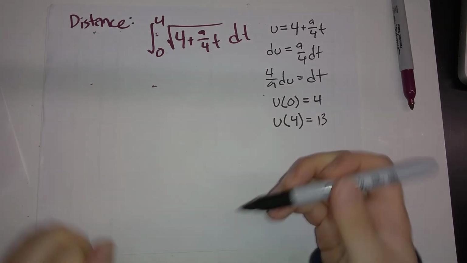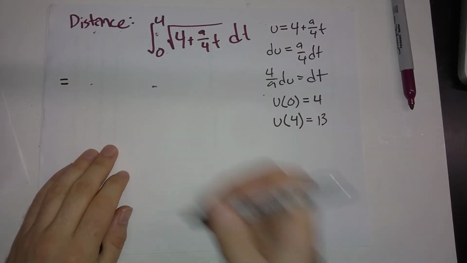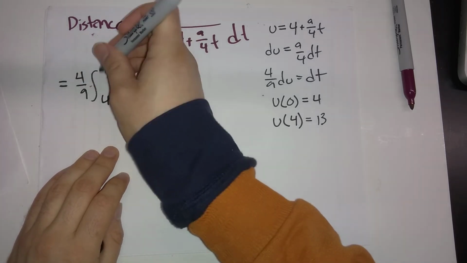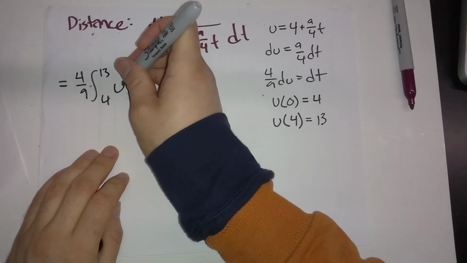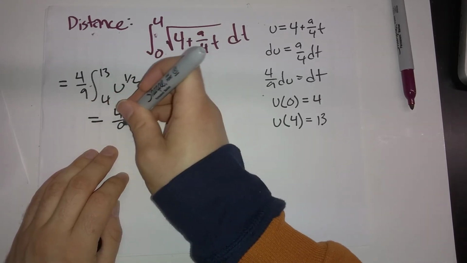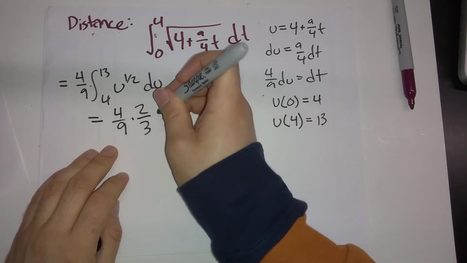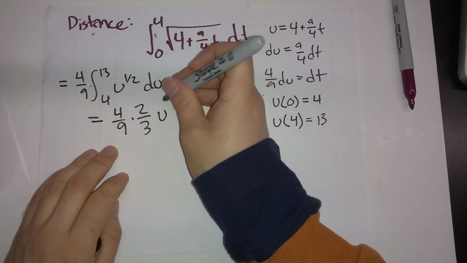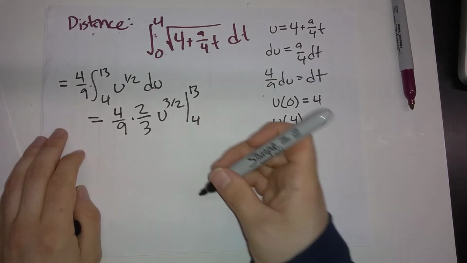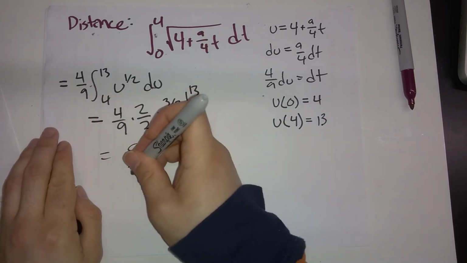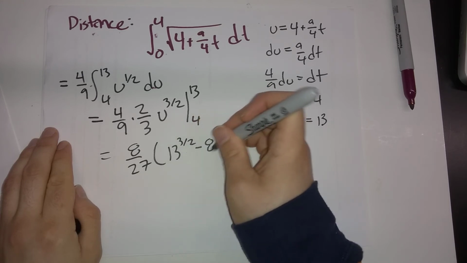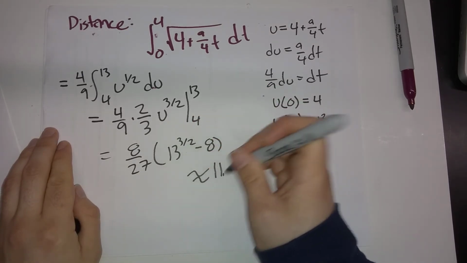So what do we end up with? 4/9 times the integral from 4 to 13 of u to the 1/2 du. So this is 4/9 times 2/3 times u to the 3/2, plug in 4 and 13. So this is 8/27 times 13 to the 3/2 minus 8, and it's about 11.52.